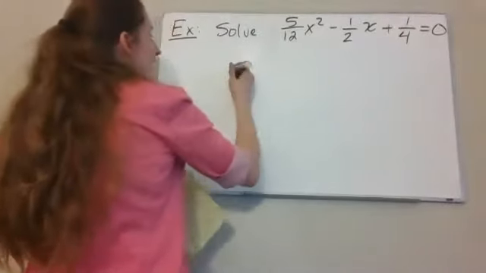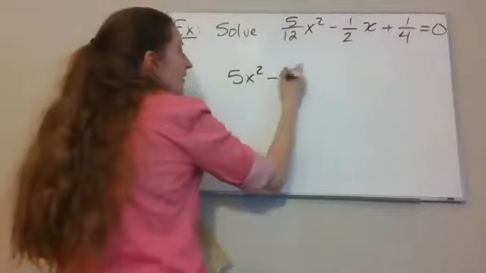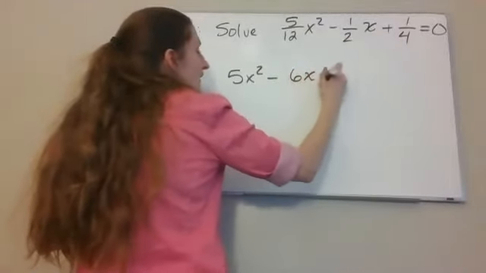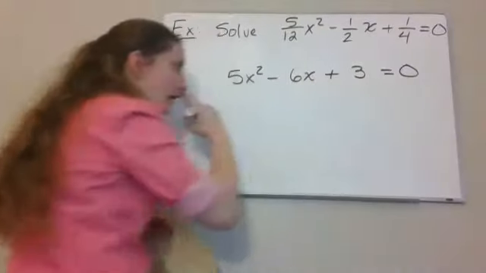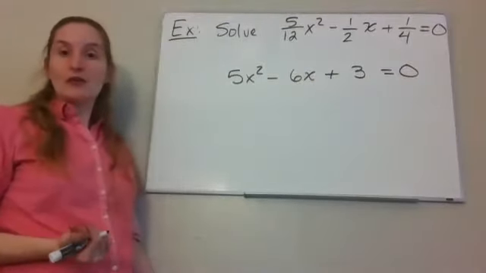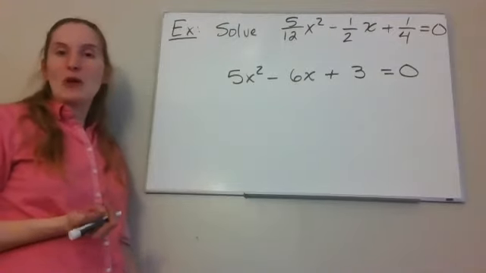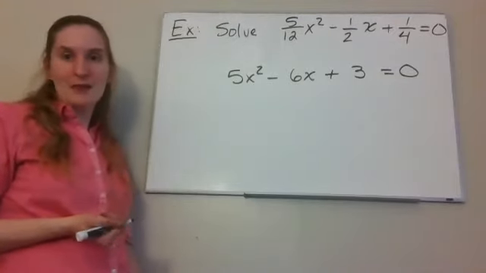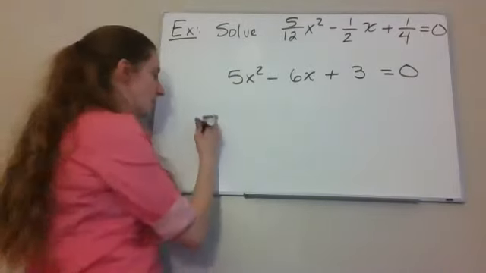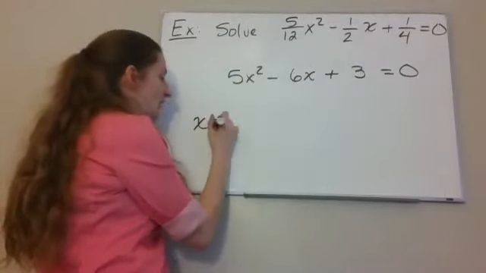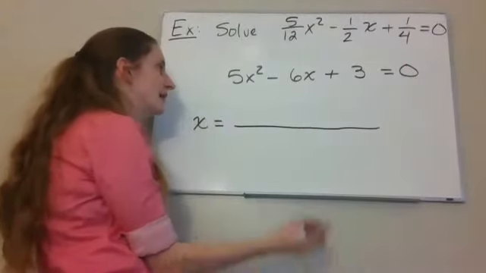So if I multiply everything by 12, I get 5x squared minus 6x plus 3 equals 0. And now if I use the quadratic formula, it will still get me the same solutions, but now I'm working with nice whole numbers for my a, b, and c, so it should be a little easier to work the formula.